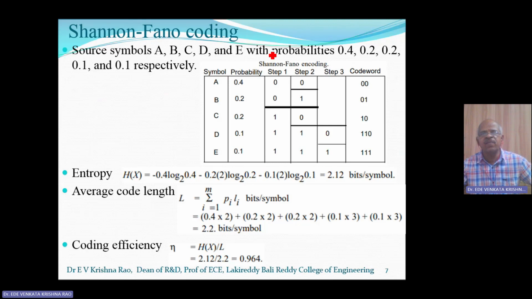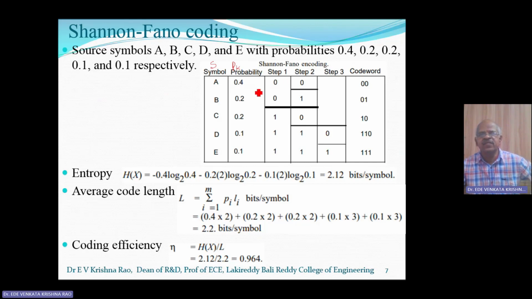If the probabilities are not given in this order, the source symbols can be rearranged in decreasing order. This is the prime requirement.